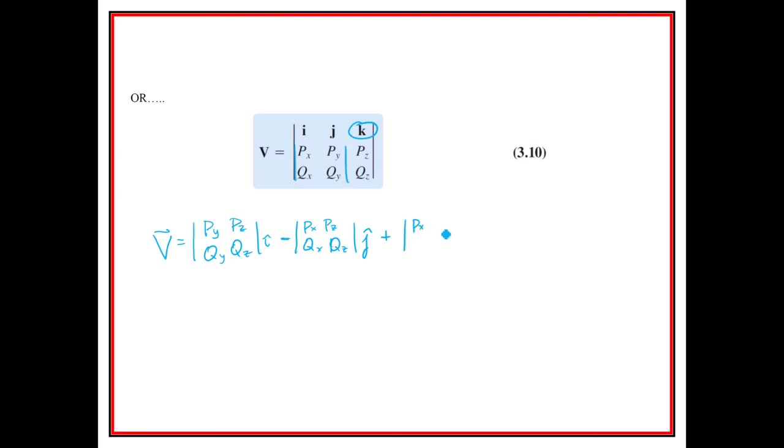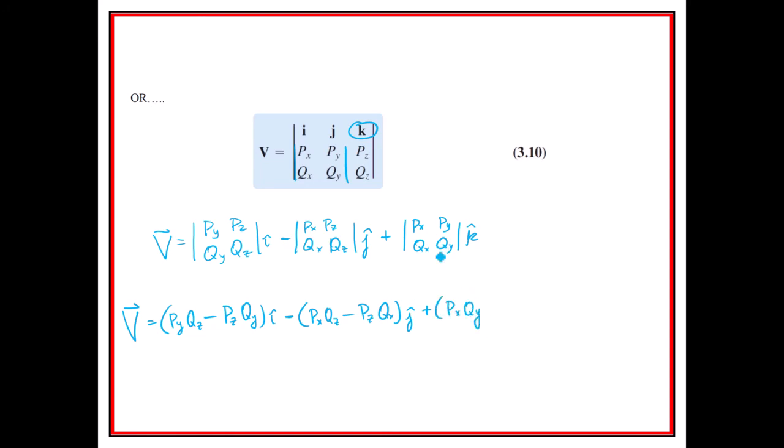So Px, Py, Qx, Qy, and then K. Now we take the determinant of these individual ones, and that's going to be Py Qz minus Pz Qy, I. I'm going to go ahead and put minus in here, keep it going, and then go Px Qz minus Pz Qx times J, and then plus Px Qy, and then minus Py Qx, and then K, right?